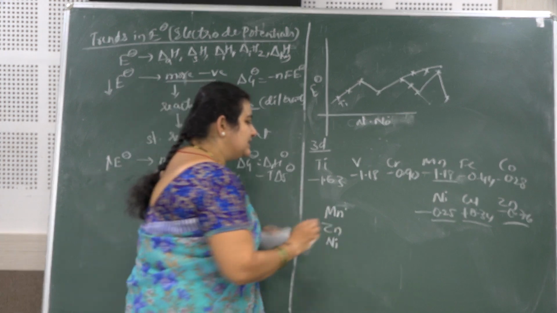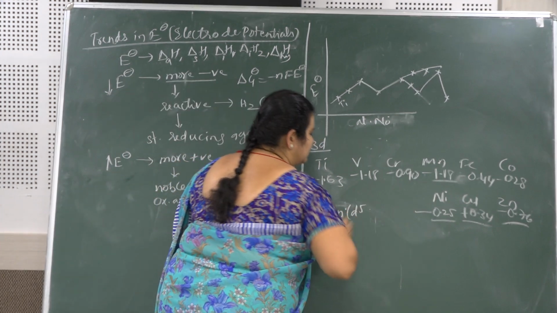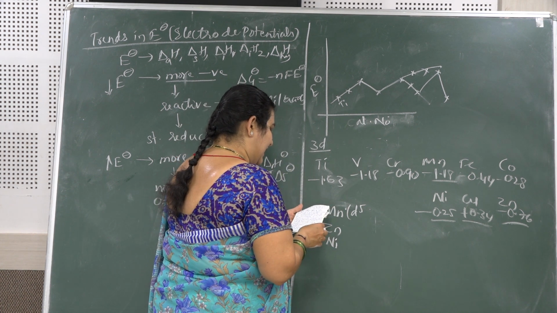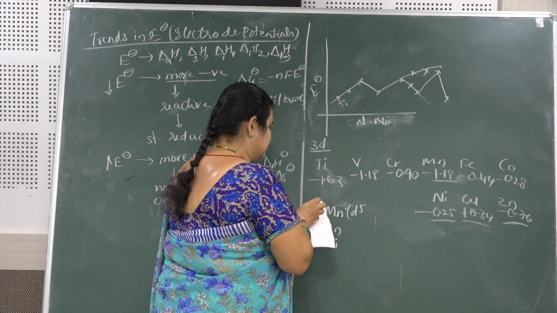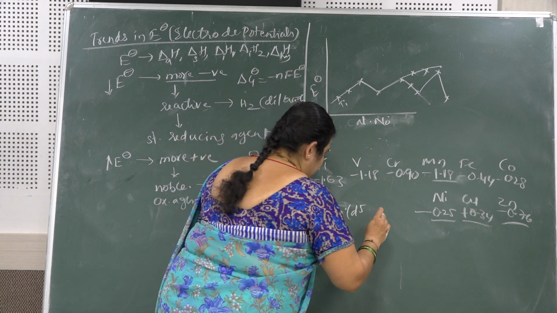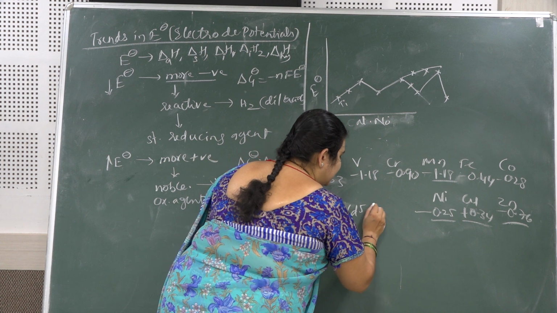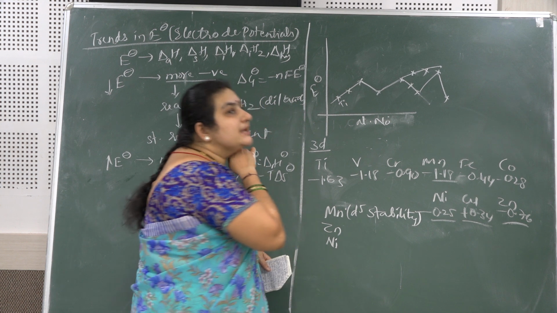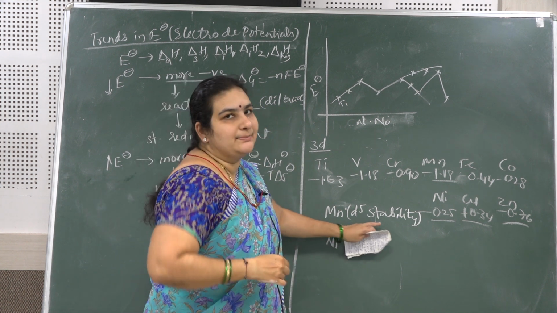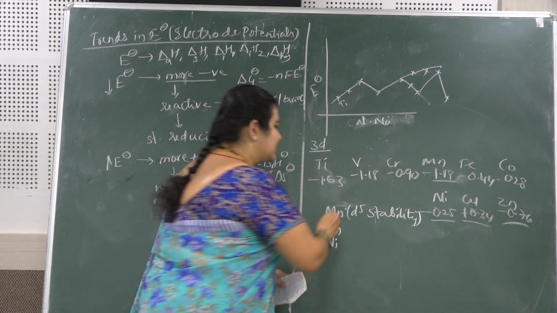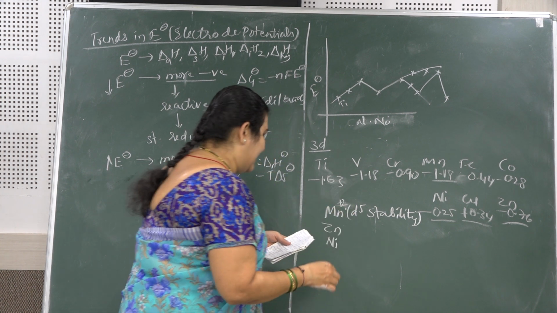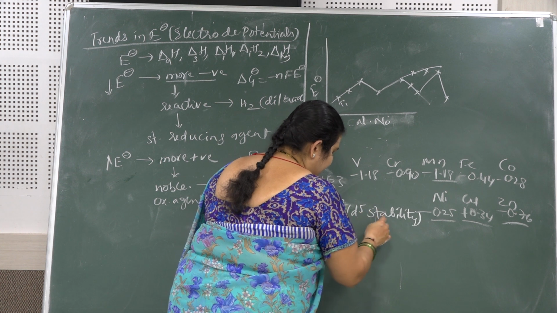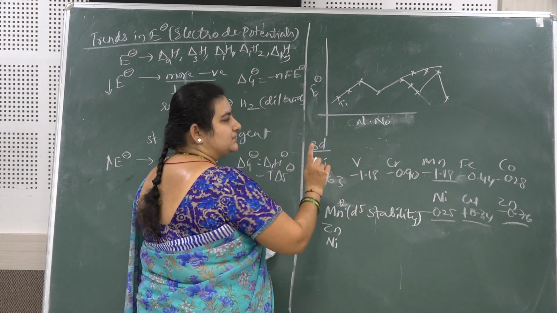Mn has d5 configuration. Half-filled orbitals are highly stable, so because of this stability and d5 configuration, Mn2+ has a more negative value than the observed trend.